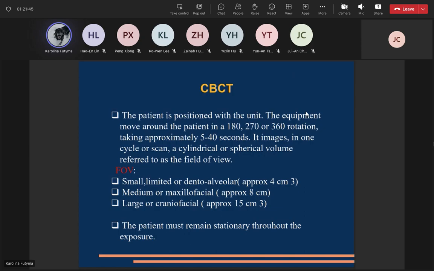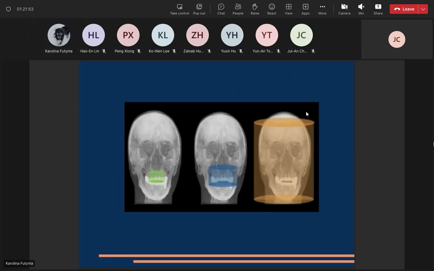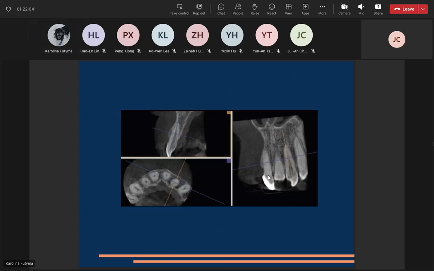Okay, different fields of view we can use: small, medium, and large. Mostly the small field of view is used. And those are the differences: 5 by 5, sometimes 5 by 8, and this is the 15 by 15. Okay, and those are different images which can be seen in the CBCT post-process program.